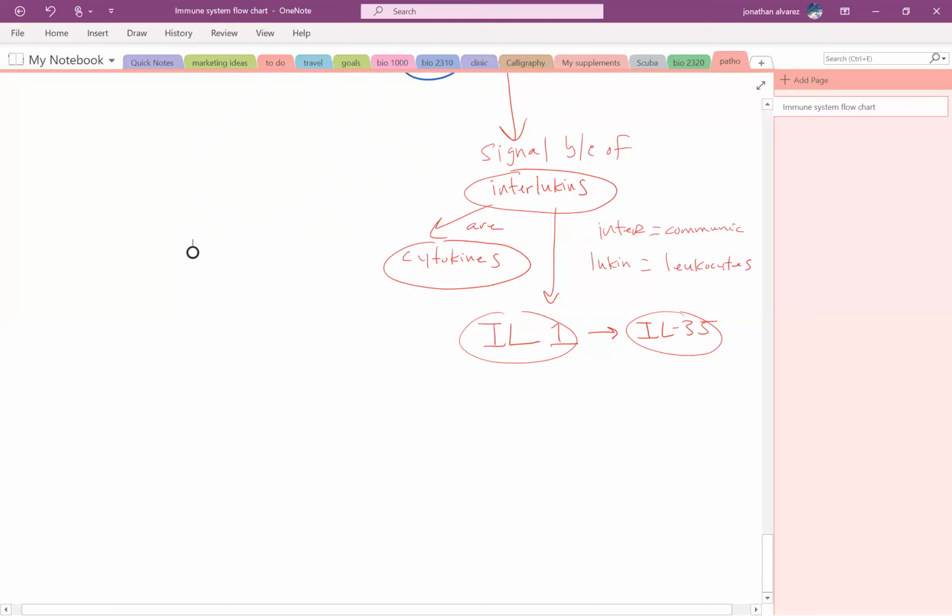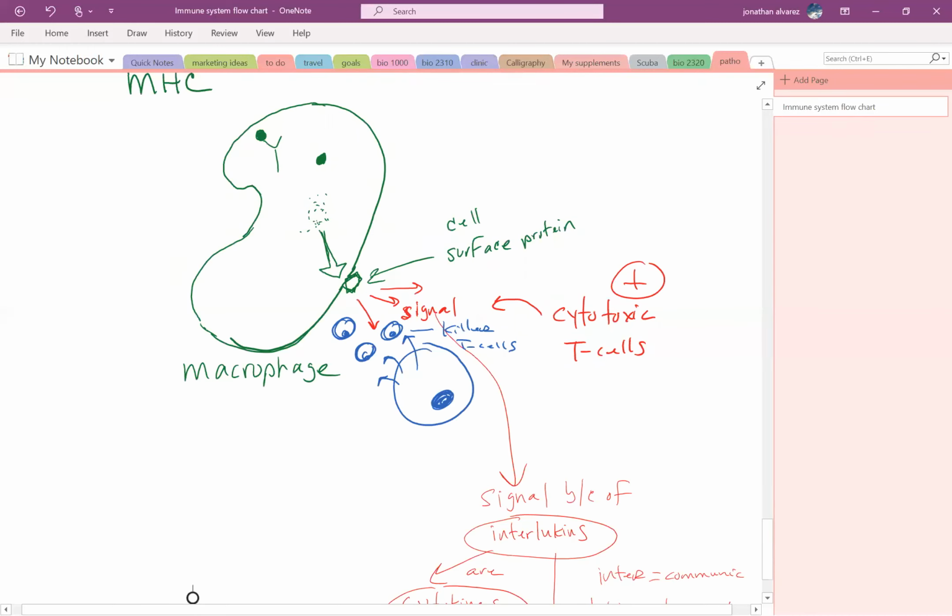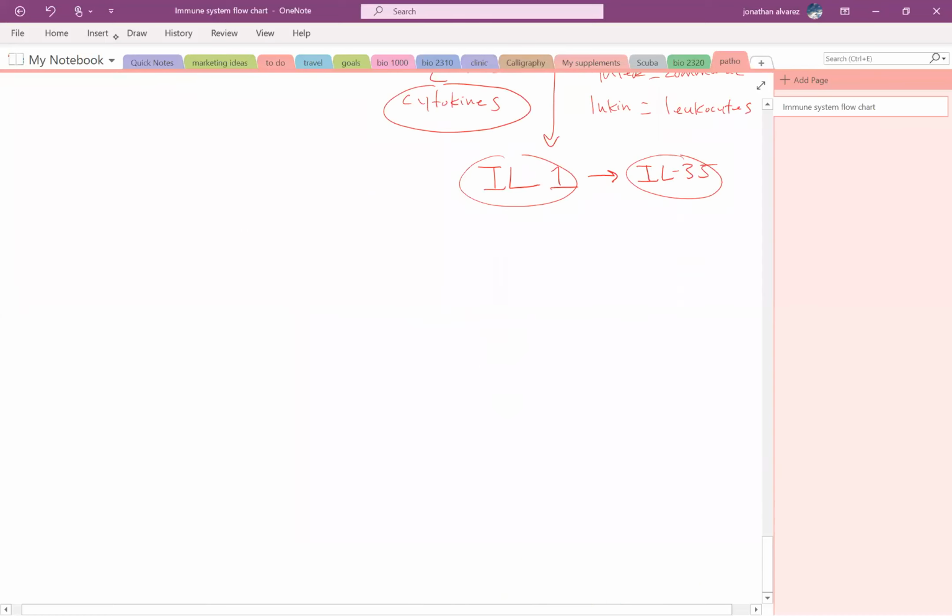They're actually very interesting. So we have 35 different interleukins. We're going to come back to this major histocompatibility stuff in a little bit.